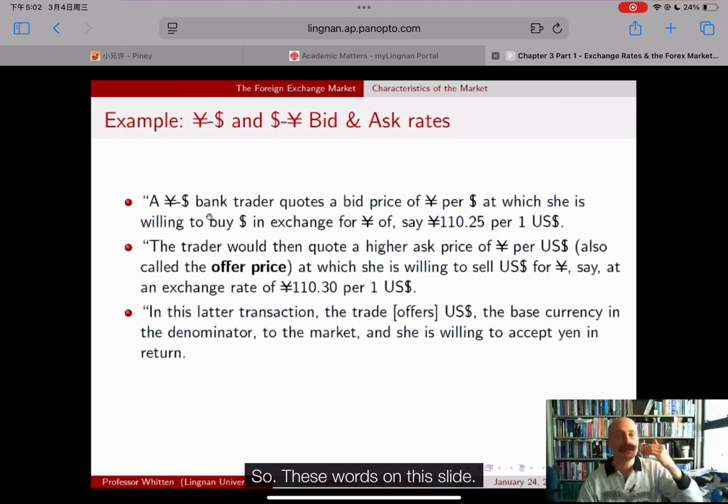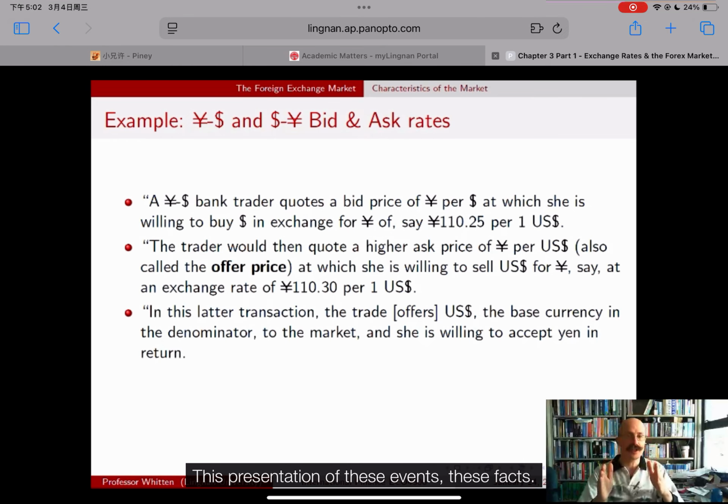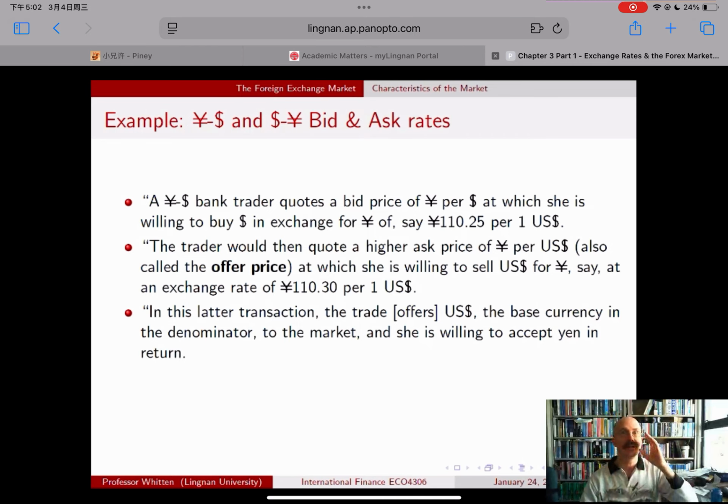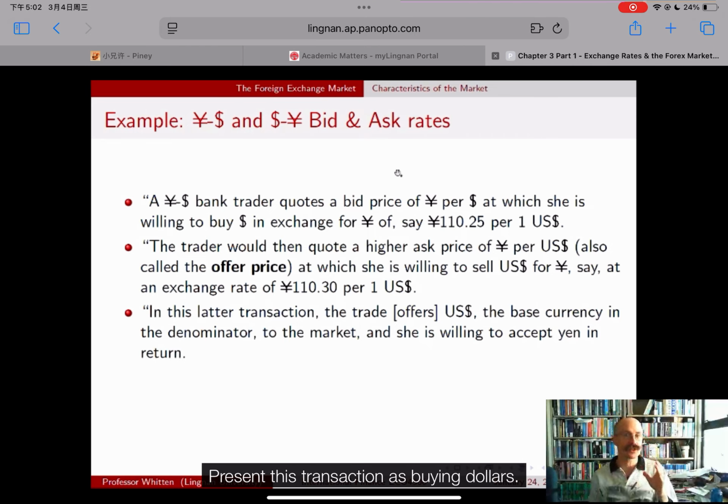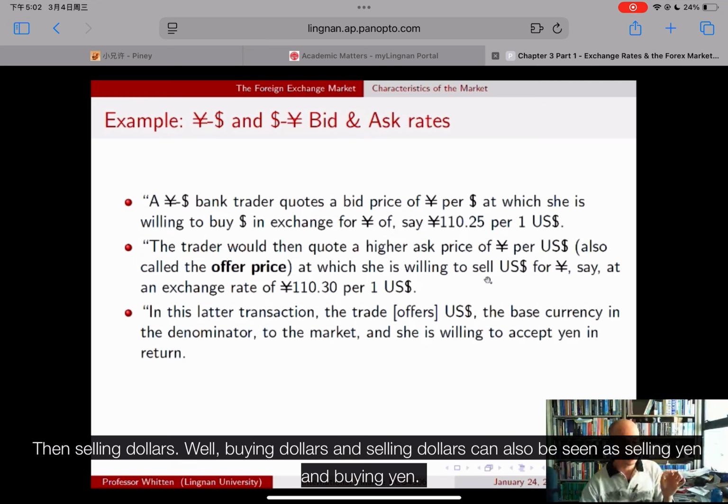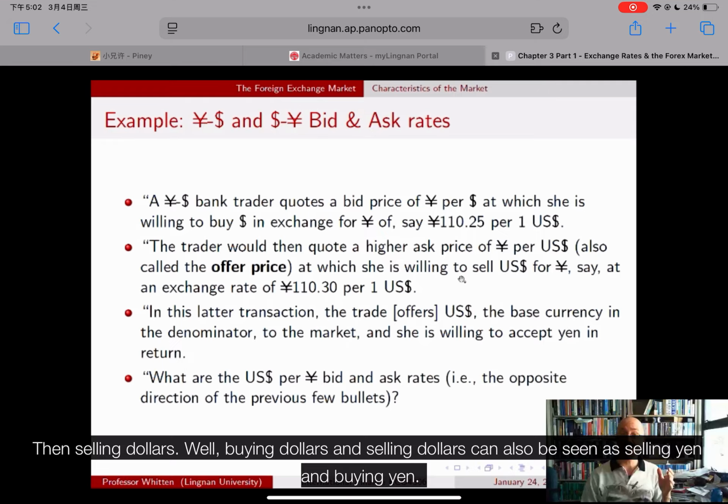So, the words on this slide, this presentation of these events, present this transaction as buying dollars, then selling dollars. Well, buying dollars and selling dollars can also be seen as selling yen and buying yen.